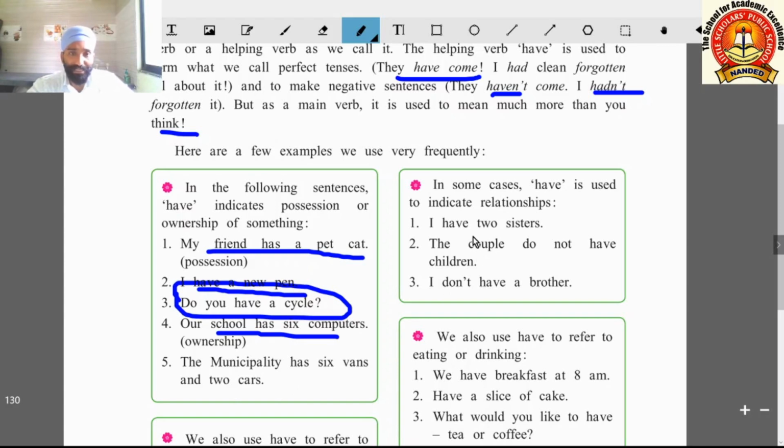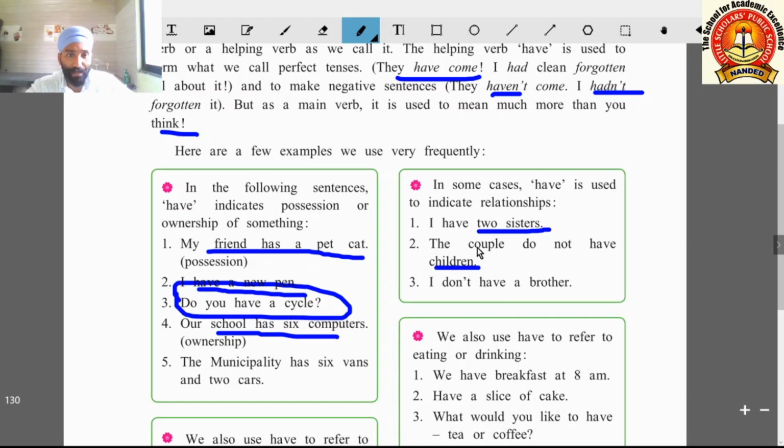Come to the next examples. In some cases, have is used to indicate relationships. I have 2 sisters means this is showing the possession of a relationship. I have 2 sisters means there are 2 sisters to you. That thing you want to say. The couple do not have children.